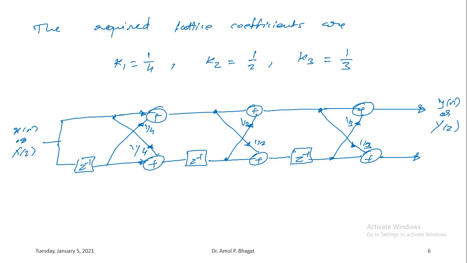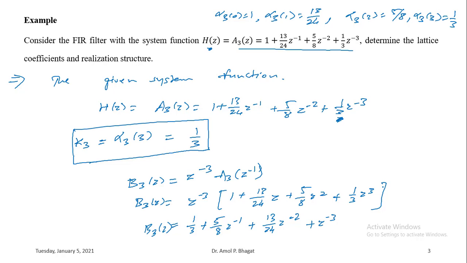So this is nothing but the required lattice structure and the required lattice structure coefficients. So this figure indicates the lattice structure realization. Okay. So this is how you can obtain the lattice structure coefficients from the direct form filter coefficients.